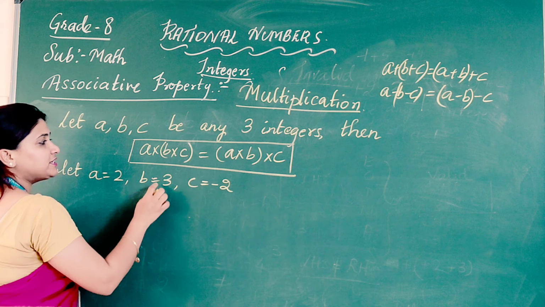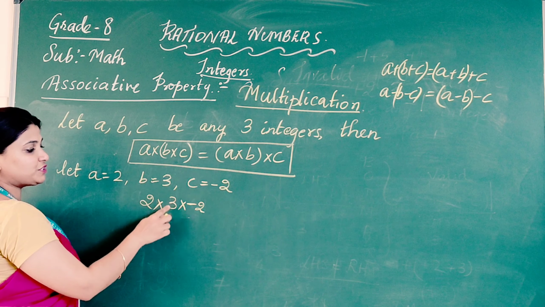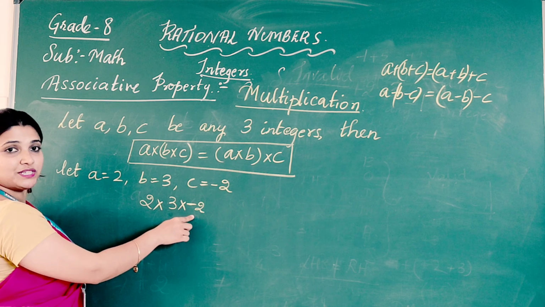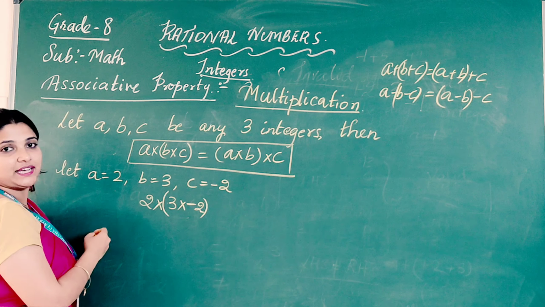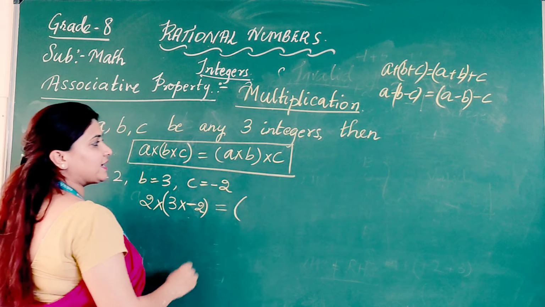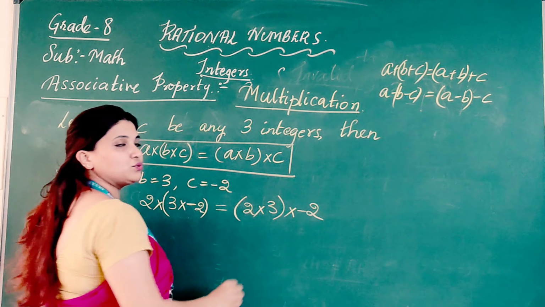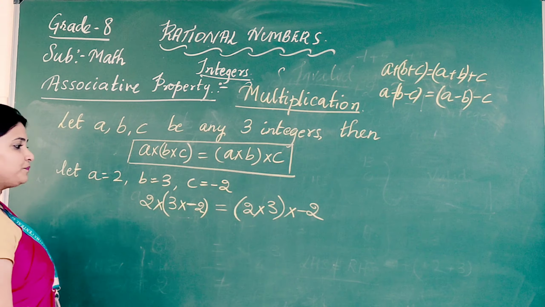C is minus 2, right? Where do I have to put the bracket? On B into C. So 3 is B and minus 2 is C. I put the bracket. Is equal to, open bracket, what is A? A is 2, into, what is B? B is 3, into, as it is, what is C? C is minus 2. Clear?